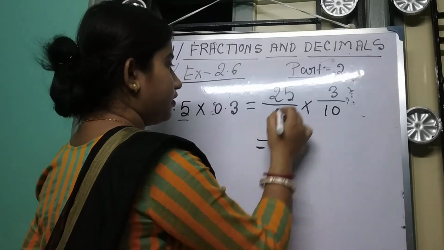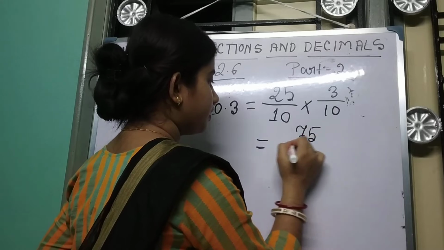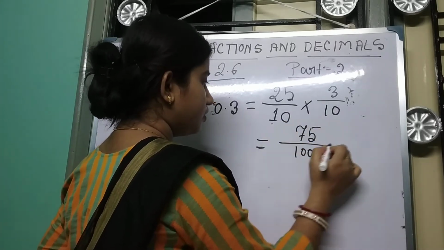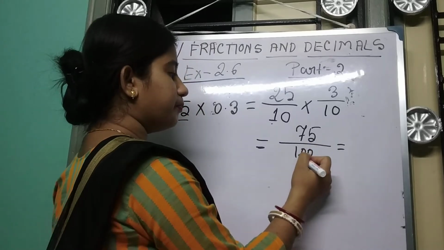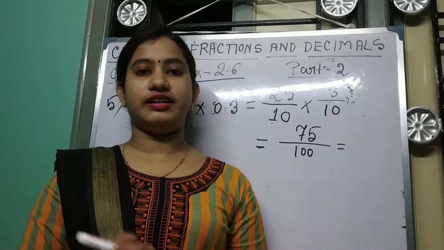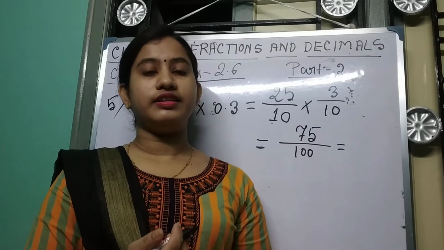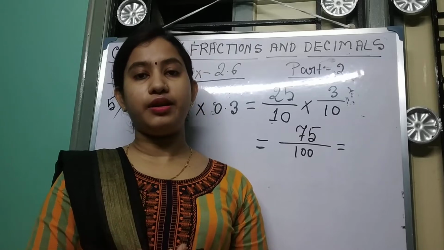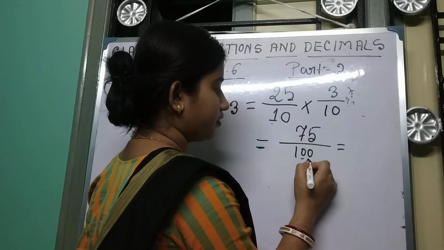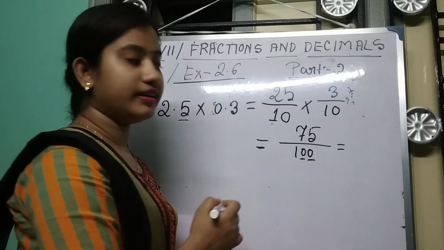Now we multiply 25 by 3. Then we get 75 by 10 into 10, that means 75 by 100. When we divide a number by 100, we shift the decimal point two places to the left.